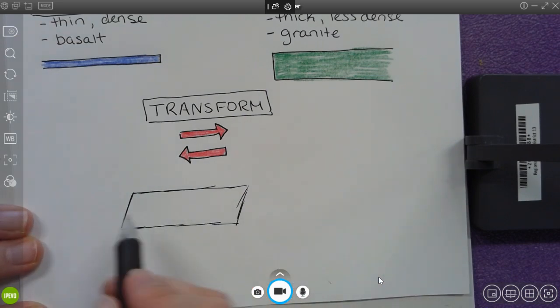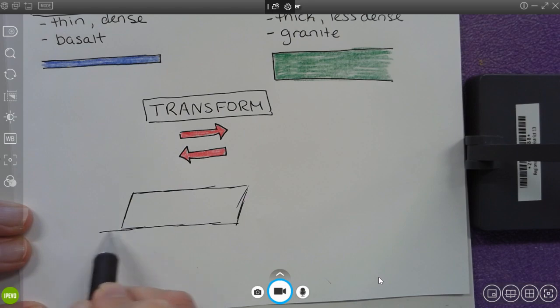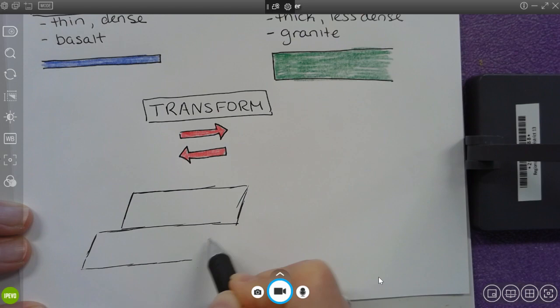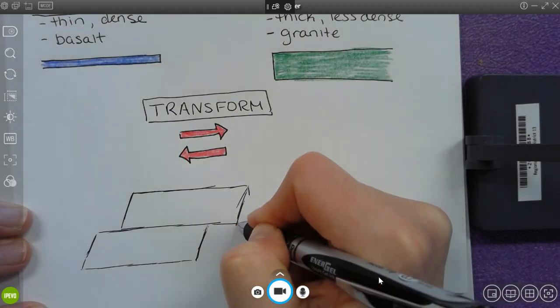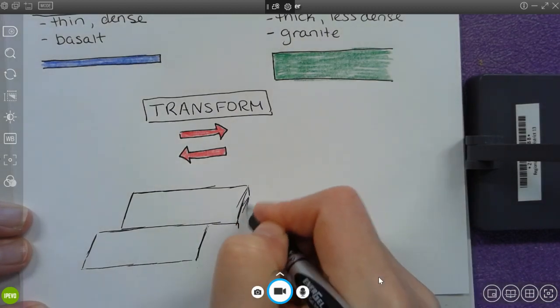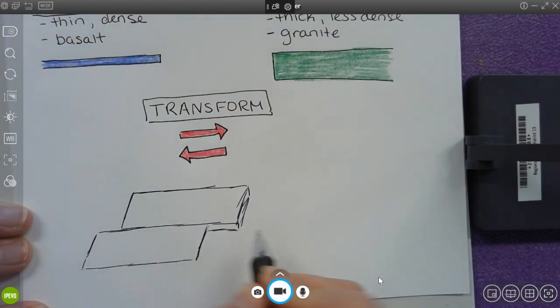And then I'm going to draw the next one over, shifted over a little bit, so it looks like it's moved from its original location. If you feel like it, you can even make it look three-dimensional, or not.